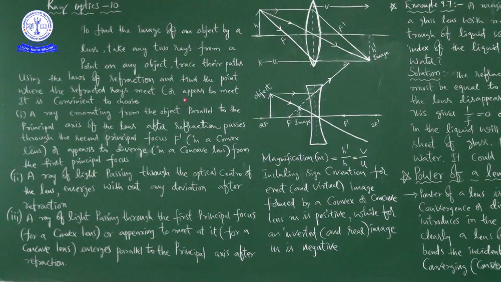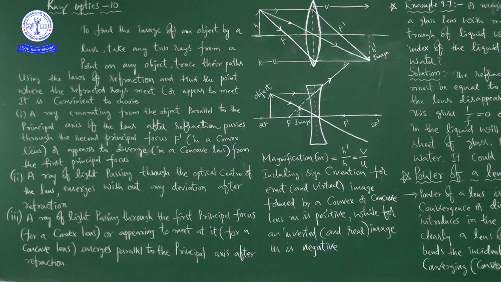Okay, right. Here the laws of refraction are very important to keep in mind while tracing the paths of light rays from object to the image. The first law of refraction is: incident ray, refracted ray and normal must lie in the same plane.